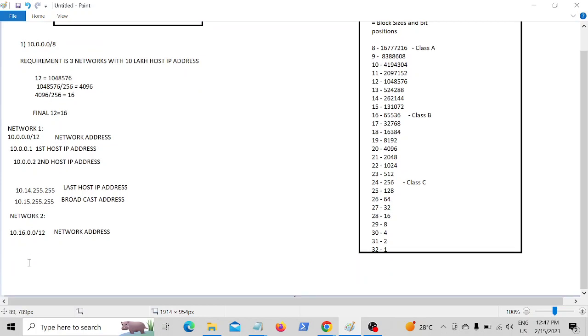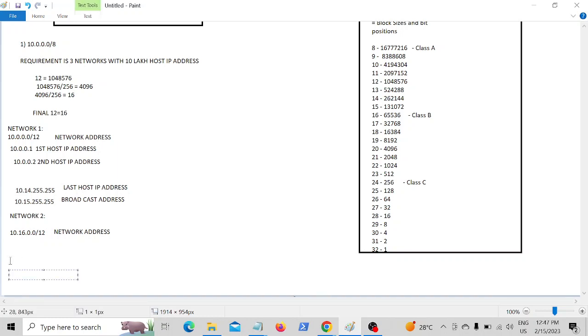Again, what will be the broadcast address for this? Srija, you can answer me because you have done it, right? 10.16 plus 16 is 32, so 31. 32 will be the next network, right?